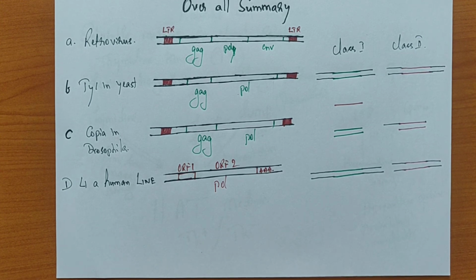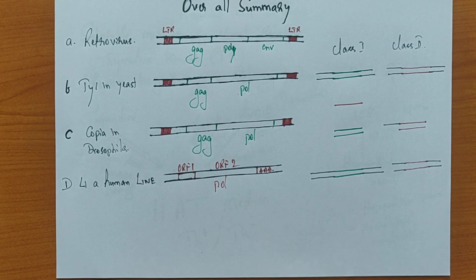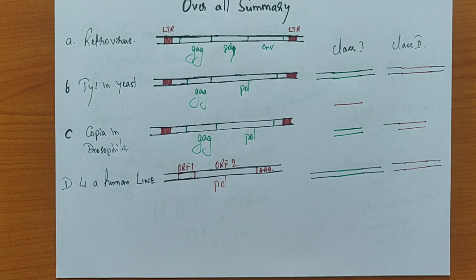Now that entirely covers the vectors and the type of vectors and the way in which these things are arranged, because here we are discussing how this integration is possible. We cannot have a plasmid or vectors that multiply independently in a cell. That is okay in prokaryotes, but in eukaryotes it has to get integrated. So integration is very important.